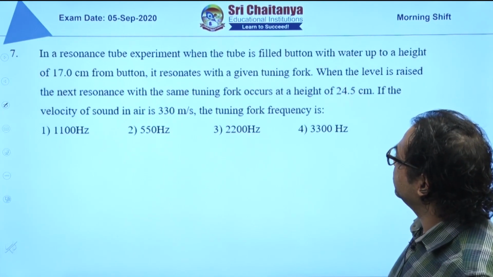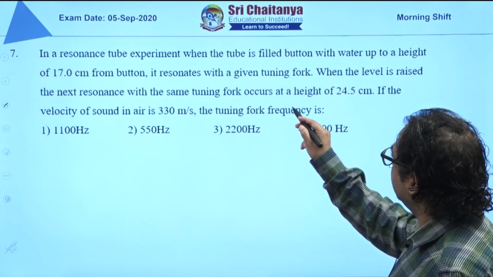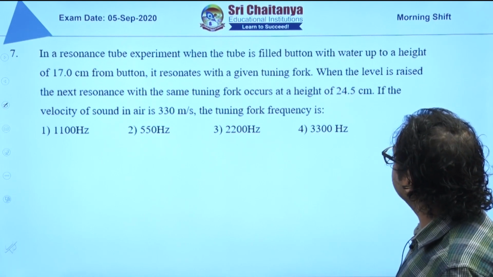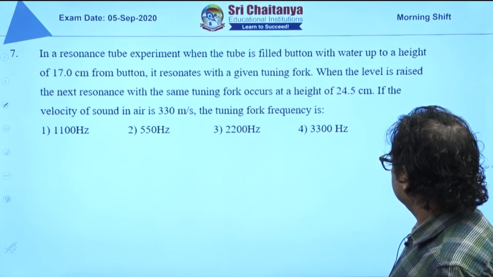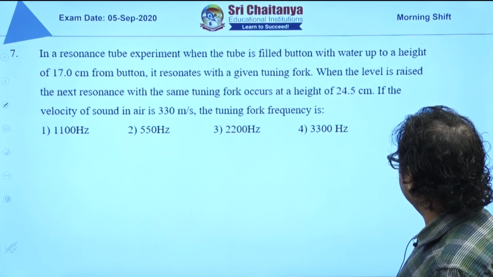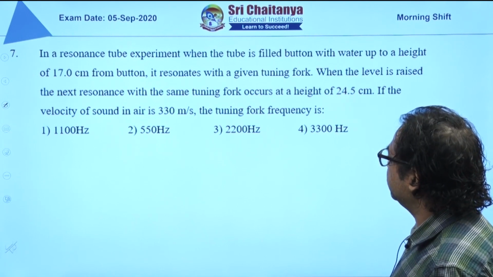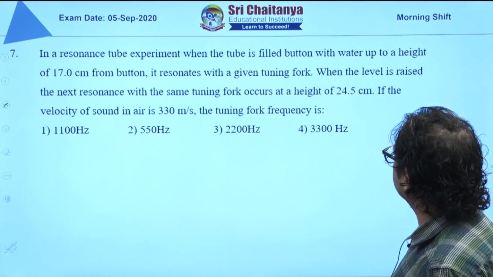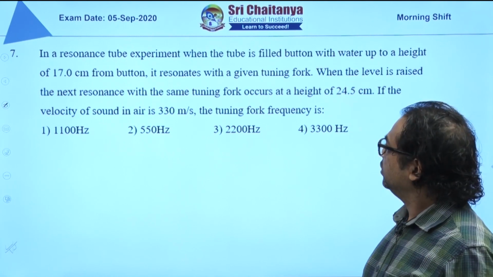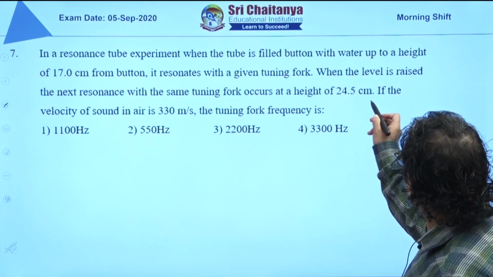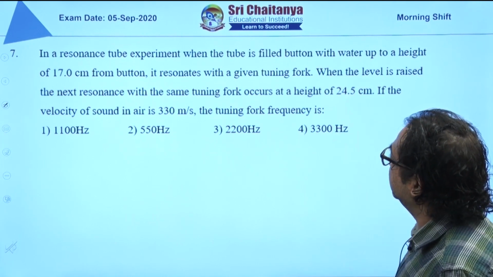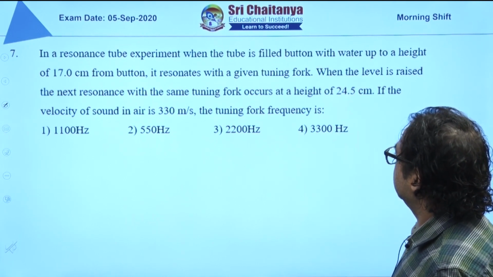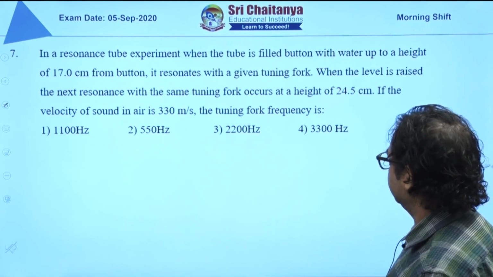So, here you can see in a resonance tube experiment, when tube is filled from bottom with water up to a height 17 centimeters from bottom, it resonates with given tuning fork. So, it is that water up to a height 17 centimeter, okay. It is having resonance.